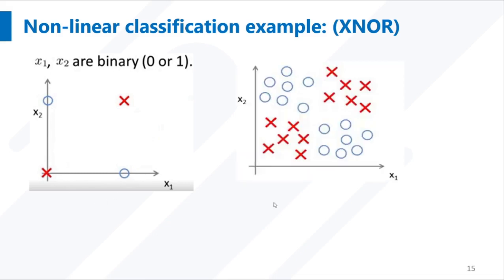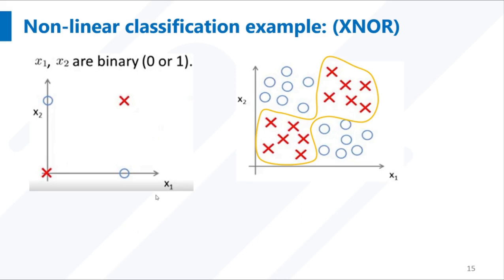This is similar to a classification problem, which will be complicated because the decision boundary is nonlinear. That's why the problem is not very simple. But using the neural network, you can easily get the nonlinear decision boundary.